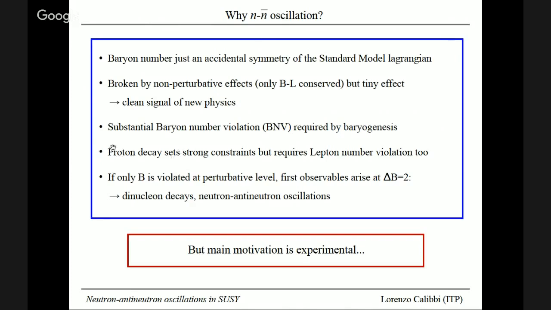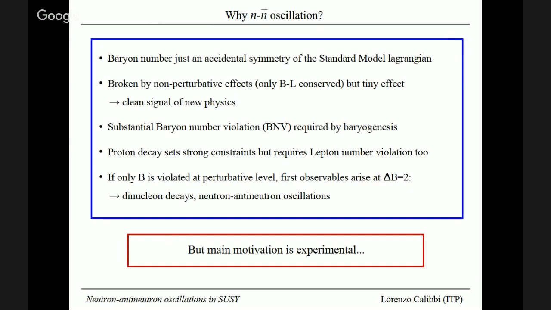This process, of course, requires the violation of baryon number by 1 unit, but also violation of the lepton number, simply because of conservation of spin, basically, a proton cannot decay to anything else than a lepton.